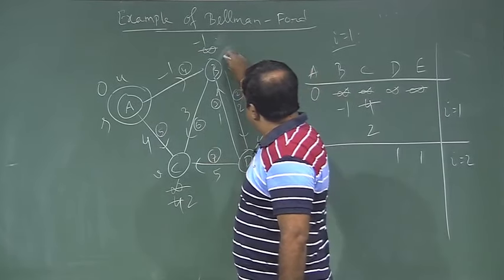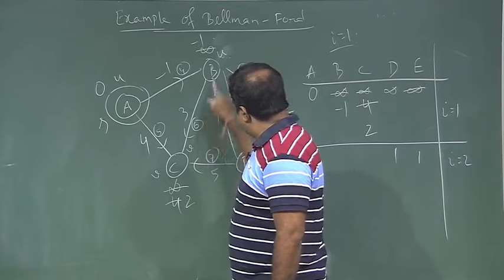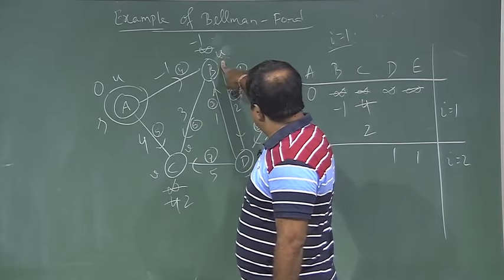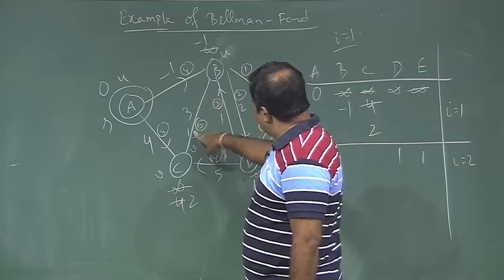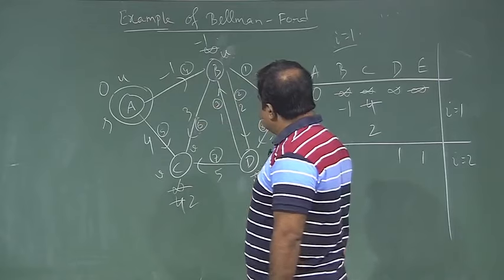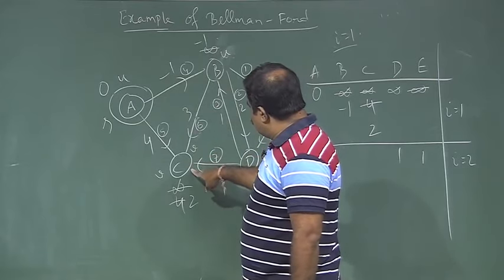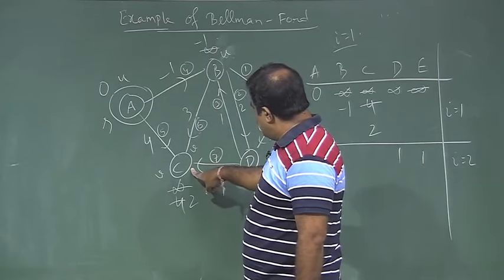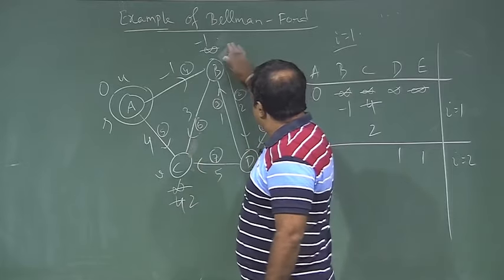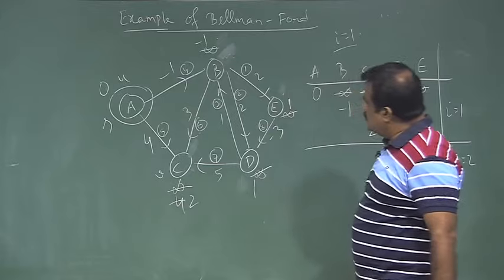This is u, this is v for this edge 6. du is minus 1. If we take this path 3, so this is minus 1 plus 3, 2. So we have a path of 2 from S to this node, but we already have a path 2. So there is no change. We are not relaxing this edge.